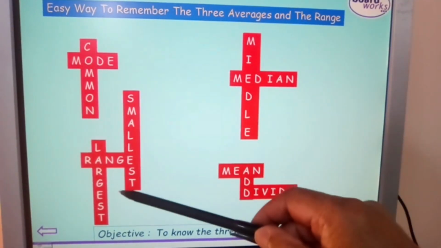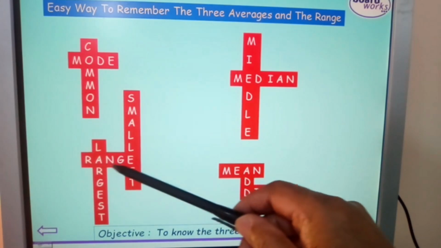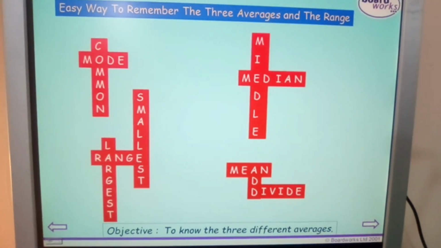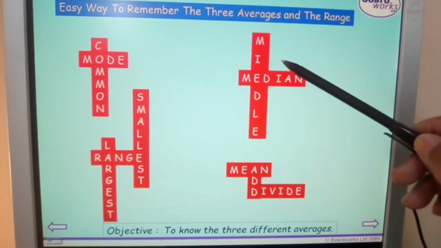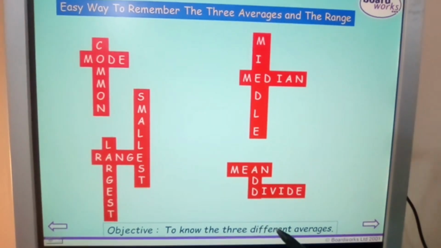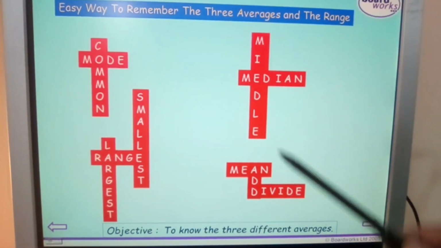Easy way to remember the three averages and the range. Common, mode. Largest, range, smallest. That should be middle, median.